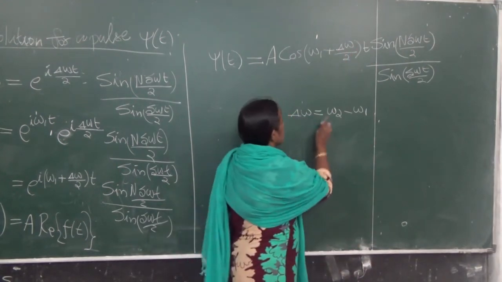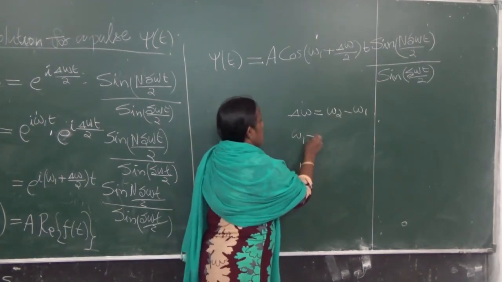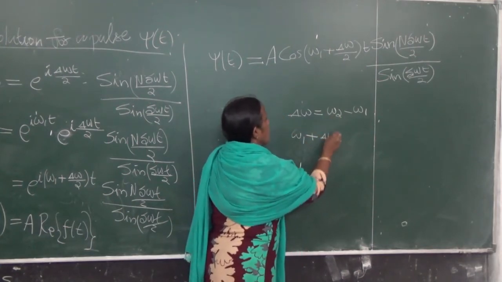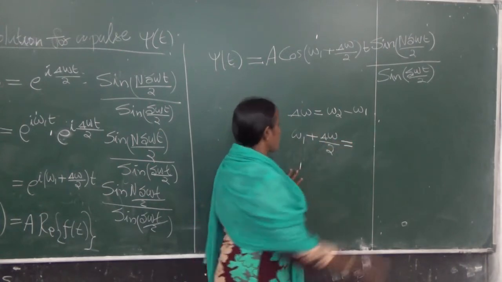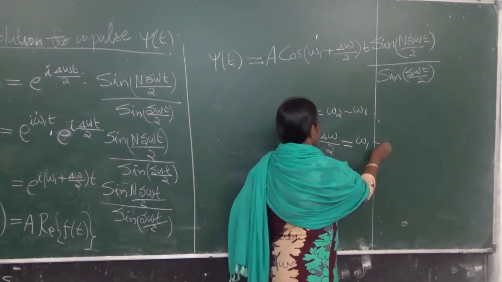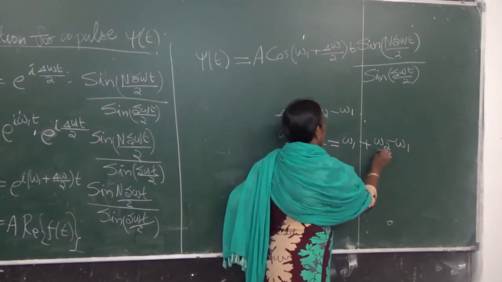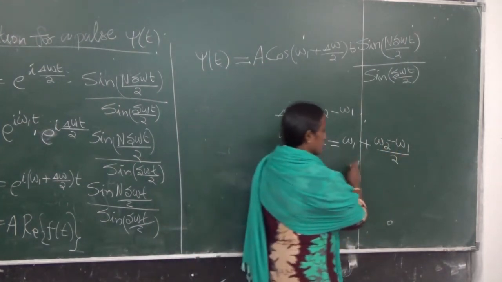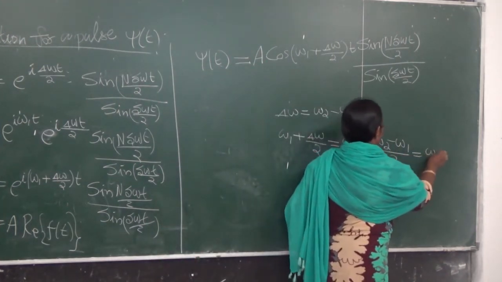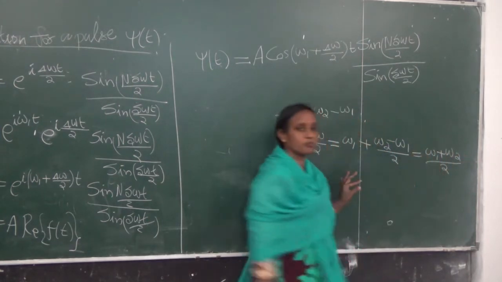That means omega 1 plus delta omega by 2 is equal to omega 1 plus omega 2 minus omega 1 by 2, which is equal to omega 1 plus omega 2 by 2.